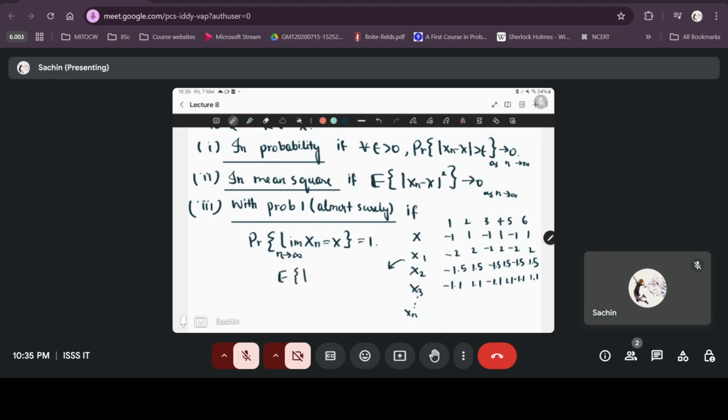The expected value of (x1 minus x) whole square. Suppose they are equally likely outcomes, then the expected value is the summation of p of wi for all outcomes wi, times the magnitude of x1 of wi minus x of wi, whole squared.